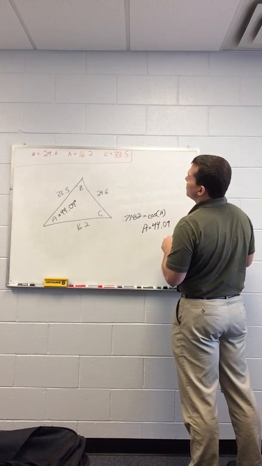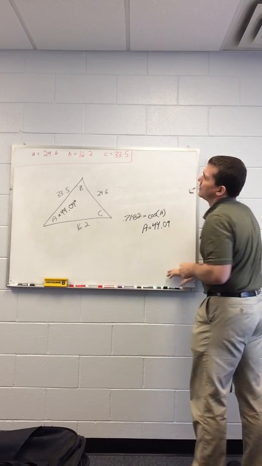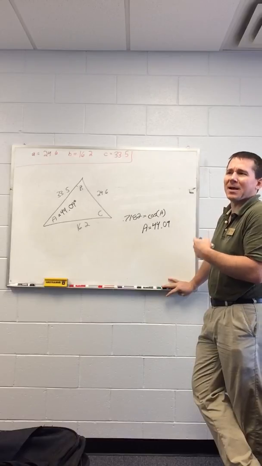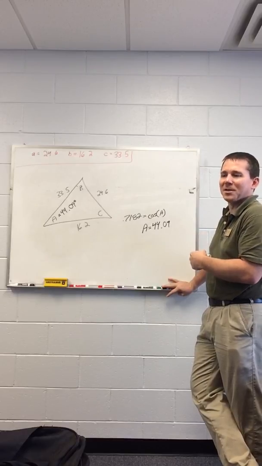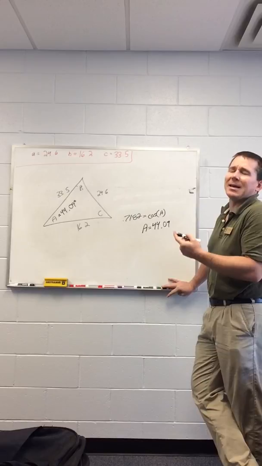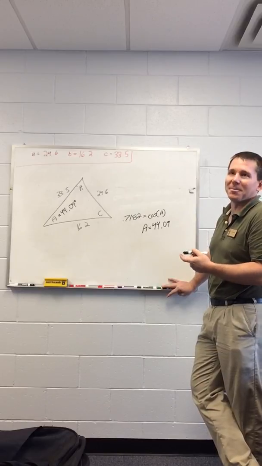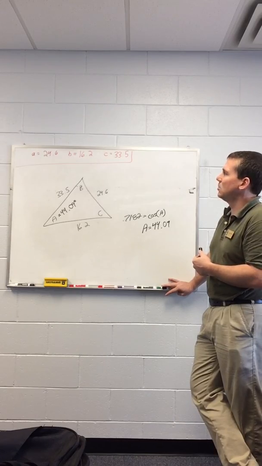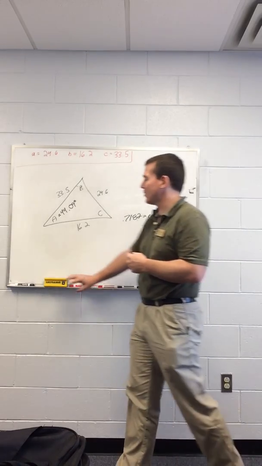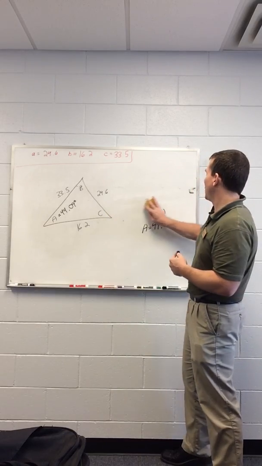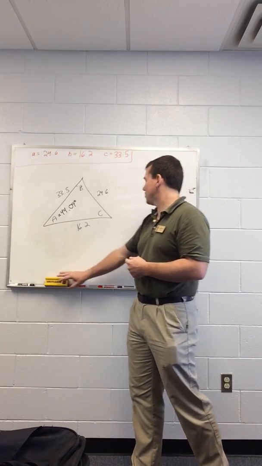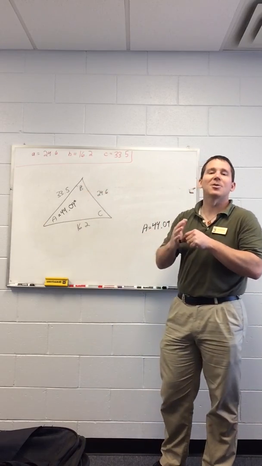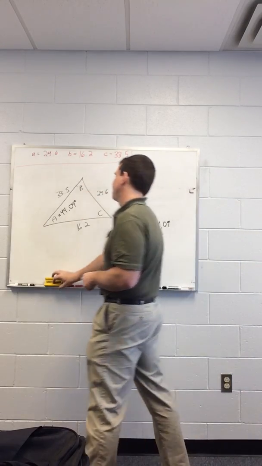Cosine is the x value, so the positive x value is in the first quadrant and the fourth quadrant, and that's going to give me a negative angle or an angle a lot bigger than 180, which means it doesn't actually work in this case, so I guess we're fine. We don't have to worry about it like we did for law of sines. So, we're good. There's only one possible solution. It's this one right here. Now, do the law of sines, solve the rest of it out, and you're good to go.